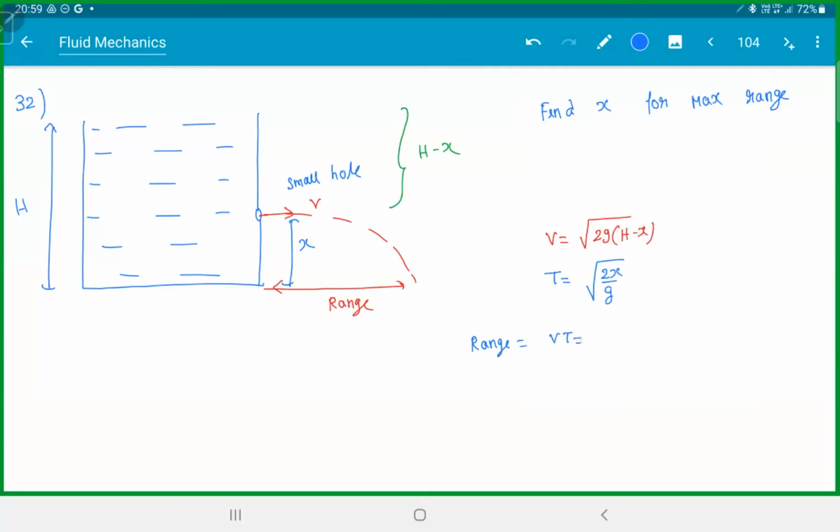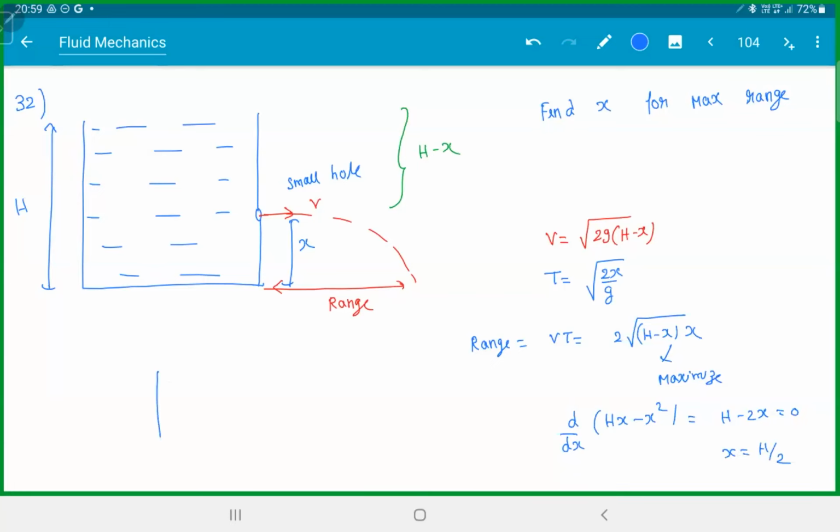V into t. So this will be 2 into root over (h minus x) into x. So we have to maximize this function. d by dx of (hx minus x square): h minus 2x is equal to 0, x is equal to h by 2. So you have to make the hole at the center.